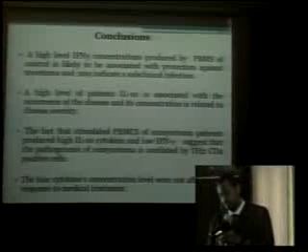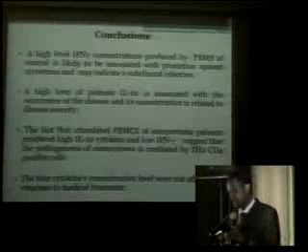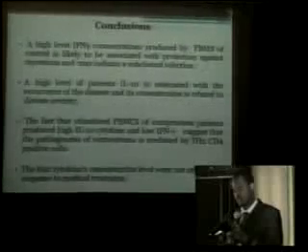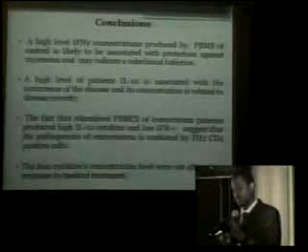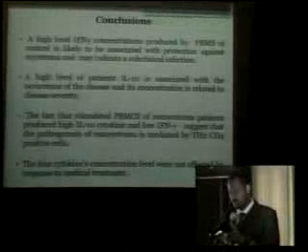The fact that stimulated peripheral blood monocytes of mycetoma patients produce high interleukin 10 and low interferon gamma suggests that the pathogenesis of eumycetoma is mediated by Th2 CD4 positive cells.